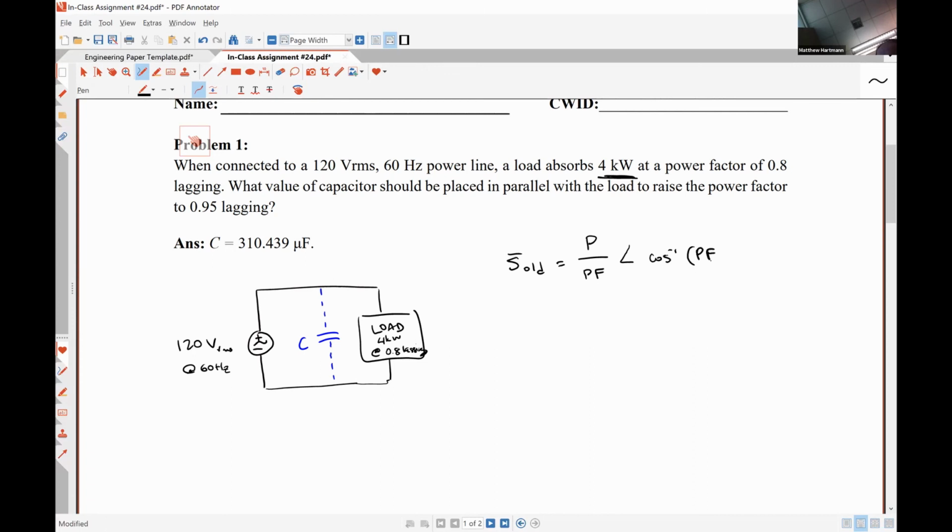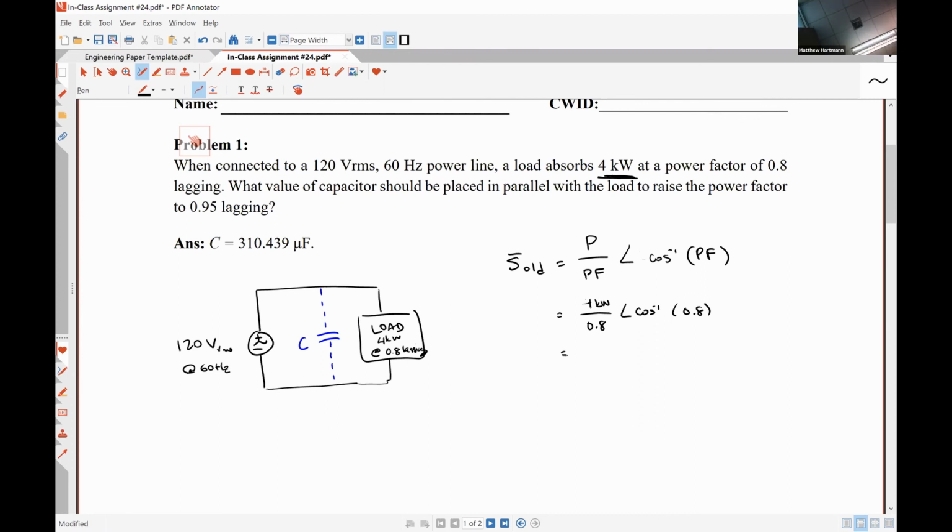All right. And because our power factor is lagging, should I have a plus sign here or a minus sign? A plus sign? That is correct. Positive. Our angle should be positive. So if we throw in our numbers, this is 4 kilowatts divided by 0.8, angle inverse cosine of 0.8.